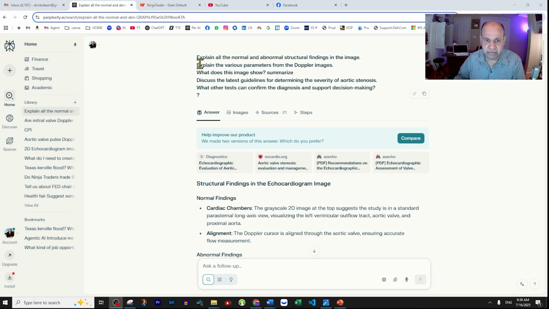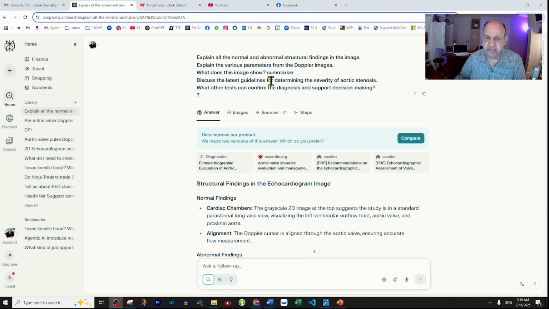Okay, let's start. First of all, we have to understand in order for AI to be useful to us, we need to be smart in terms of asking questions. So I said, explain all the normal and abnormal structural findings in this image, which is the image I just showed you. Explain the various parameters from the Doppler images. What does this image show?